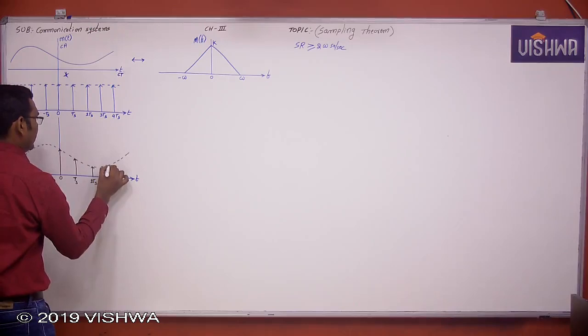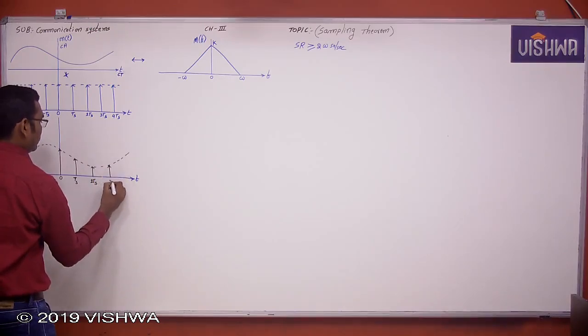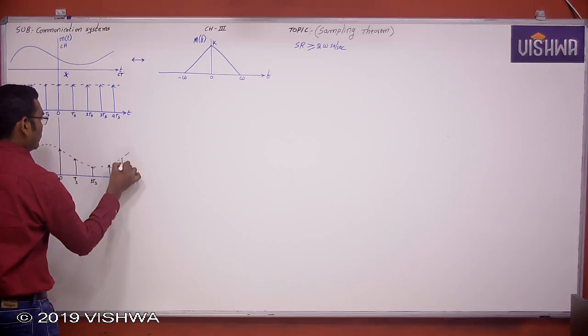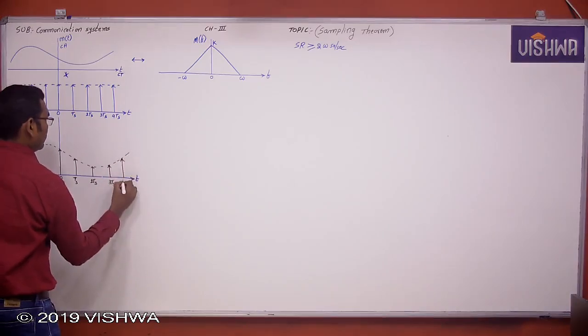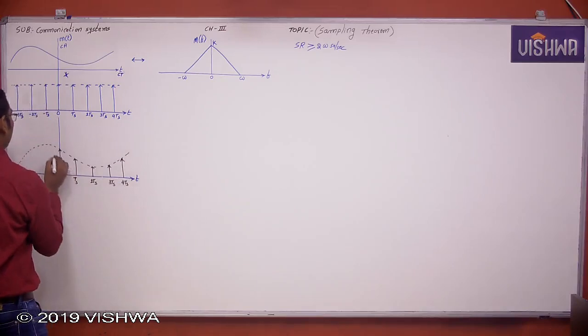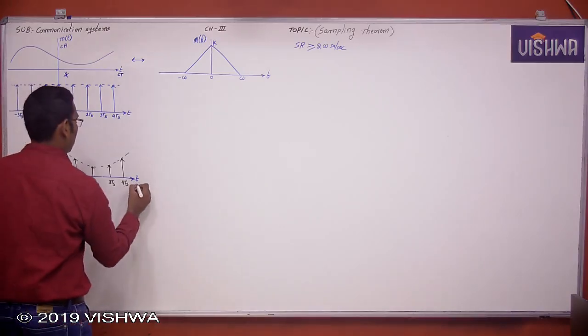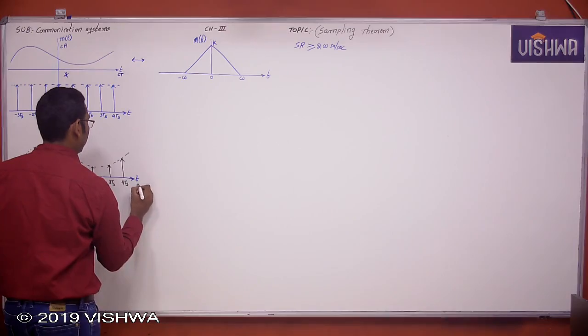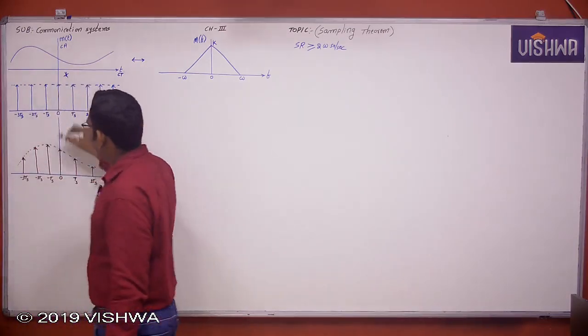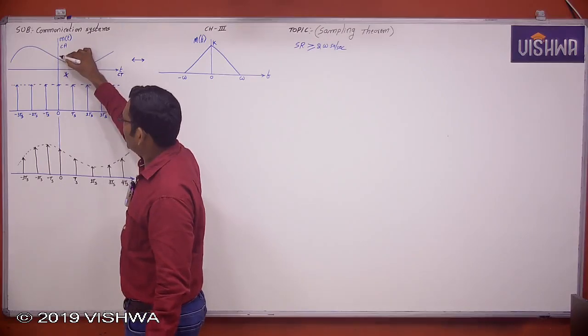Now the time is discontinuous, and this sample strength and the original message signal strength are the same.